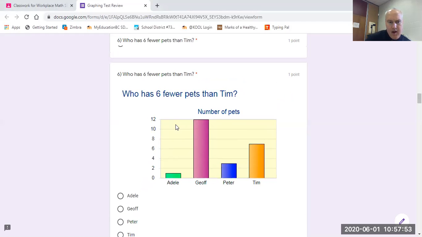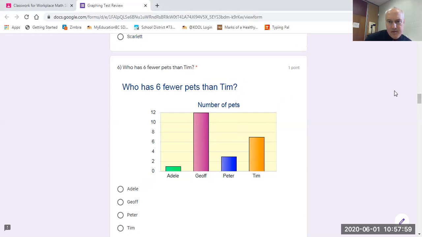So this one here asks, who has 6 fewer pets than Tim? In this case, it's very similar, but we're talking about 6 fewer. So Tim here is right here, and Tim has 7, because it's halfway between 6 and 8, so 7 pets. And so 6 less, so 7 minus 6 is going to be 1.